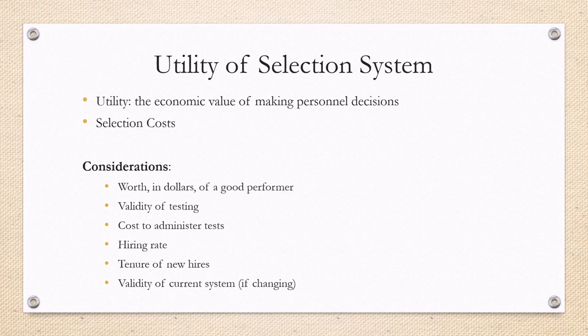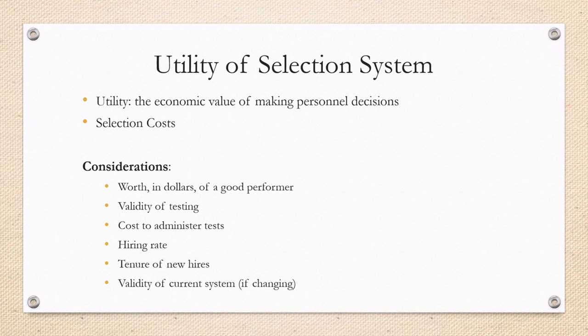So going back to the utility of a selection system, remember, utility is the economic value of making personnel decisions. And it's important to look at the selection costs, both in terms of time and money. We need to show how personnel practices contribute to the overall organization. Sometimes it's less obvious here than it is with other departments within an organization.